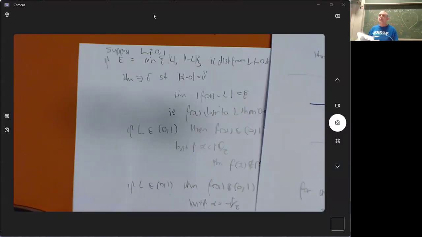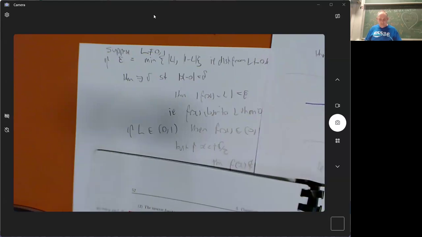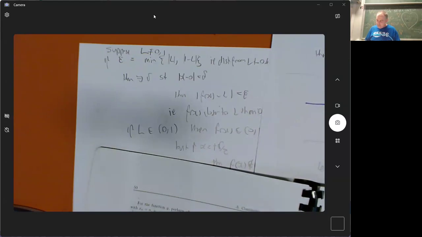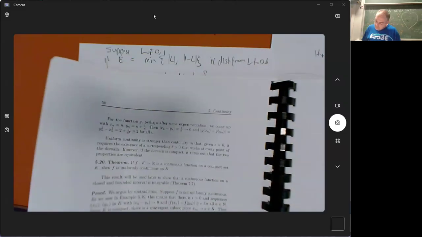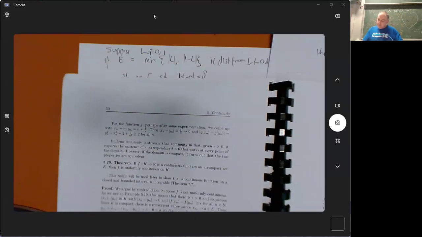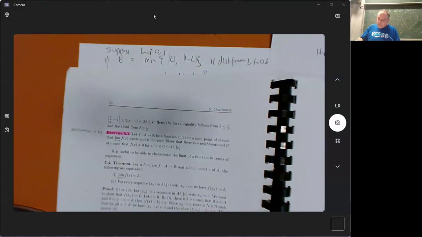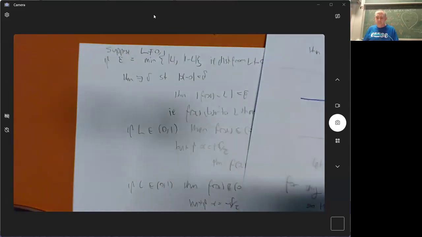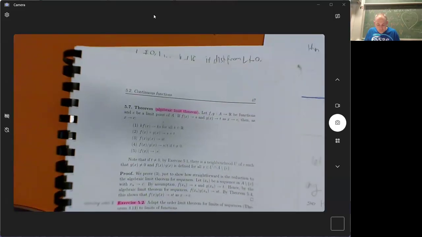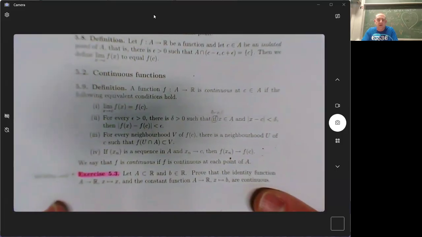Where is this? These are all the possible ways to define a continuous function, right?